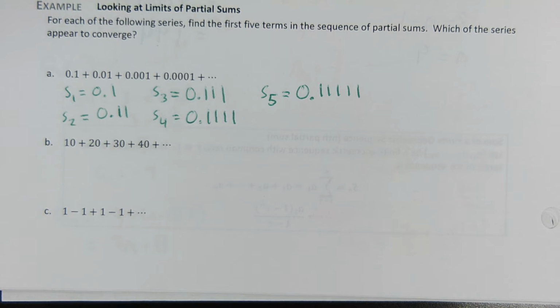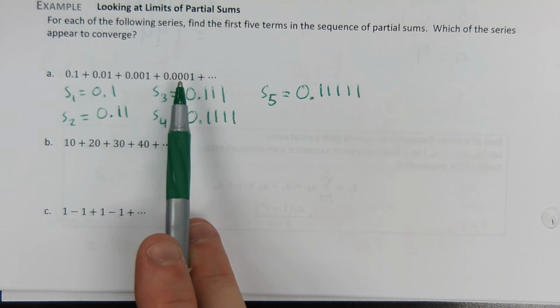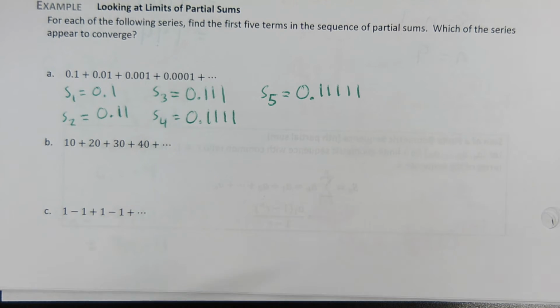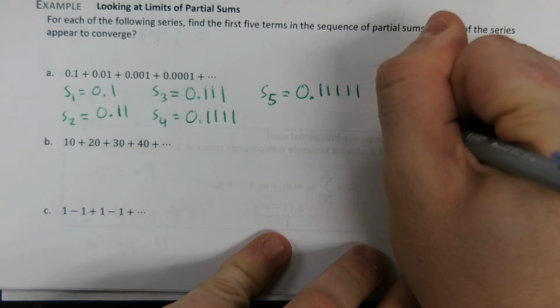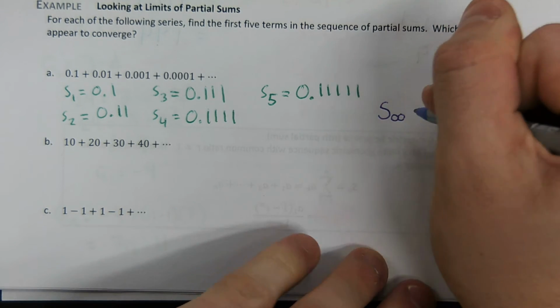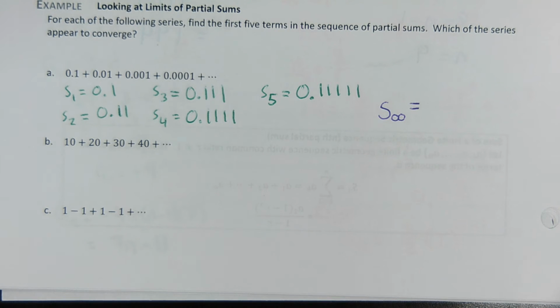You see how this is working? Look, each time there's one more decimal place. So what does that imply? That implies that if I could find the sum of all infinite following this pattern, what would it equal? It would equal 0.1 repeating, right?